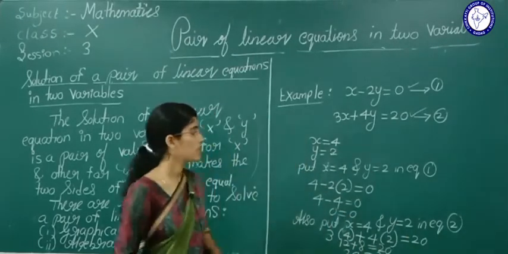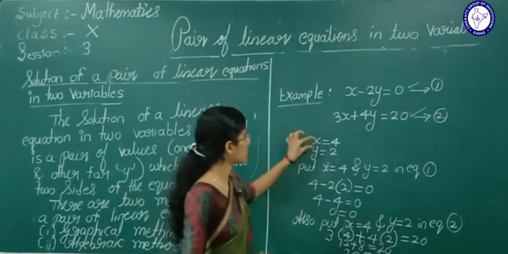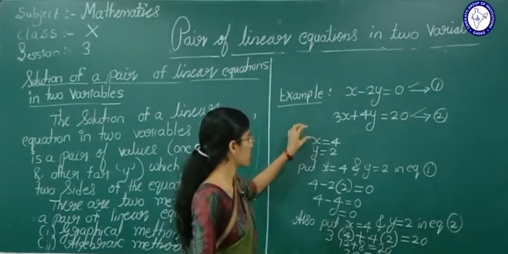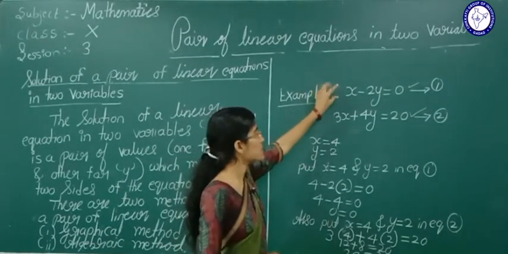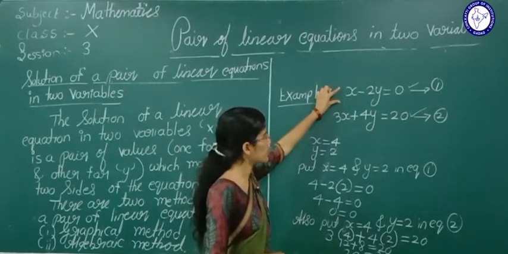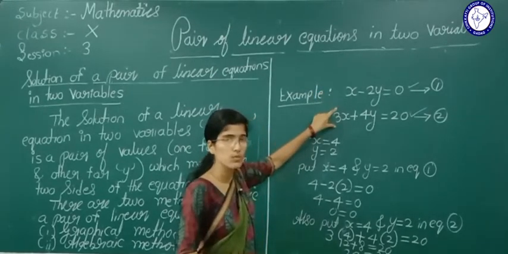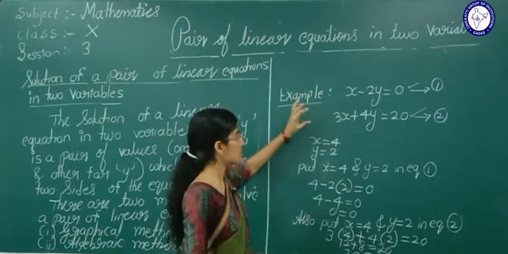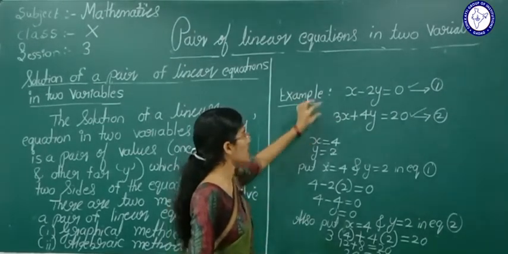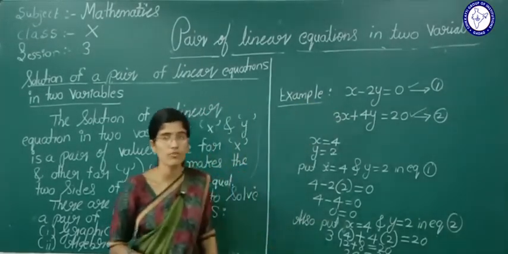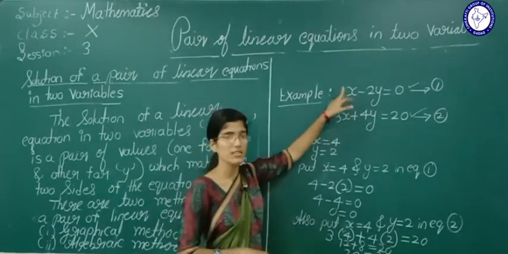Now see here, both values of x and y are satisfying equation 1 and equation 2. So x and y are called the solution of the pair of these equations.